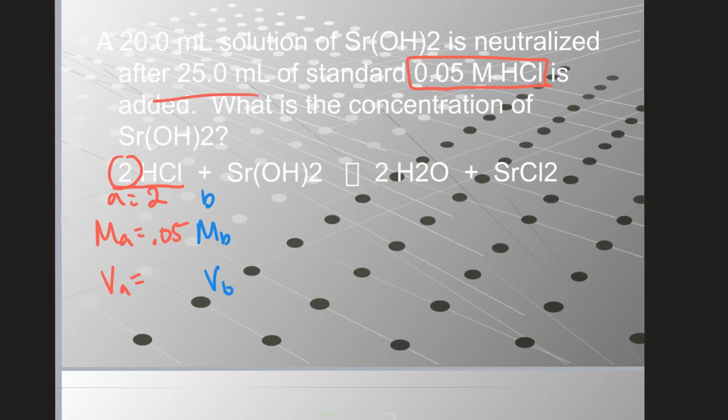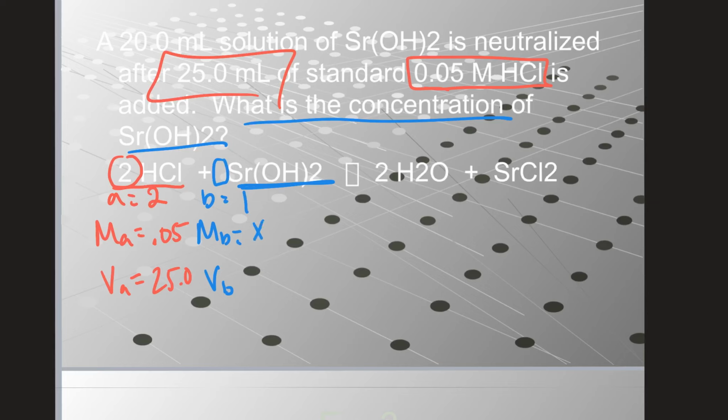The volume is 25 mL. Make sure you read the question so you understand what's going on. For B, the coefficient of my base is 1. My molarity is what's being asked, the concentration of strontium hydroxide, so that's my X. The volume is 20 mL.